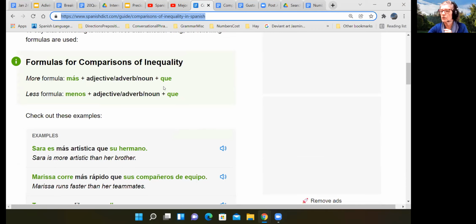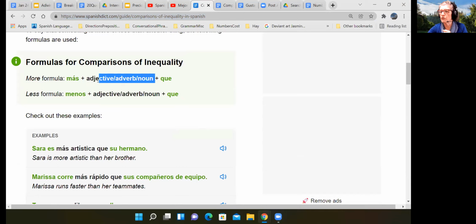What we're going to do is we're going to keep the description. The description is the description word, whatever it is, whether the description word is tall or short or big or slow or fast. That's where the description word is going to be. It's going to stay the same, but we're going to put in front of it a más.